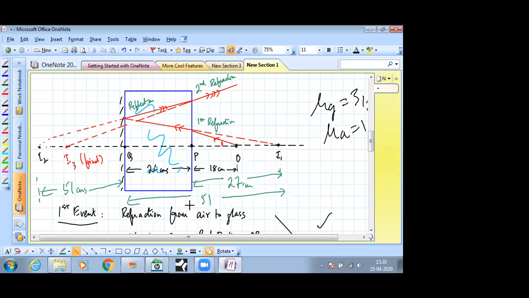Once you do that, you will be able to work this out. Okay, people, anybody got the final answer yet using this?